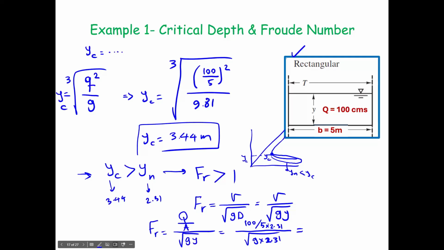Brock is fast at calculating. Find this one for me. Why do I use 2.31? Because for Froude number, I should use the normal depth. YC, critical depth, is not something that I use normally. It's a specific situation.